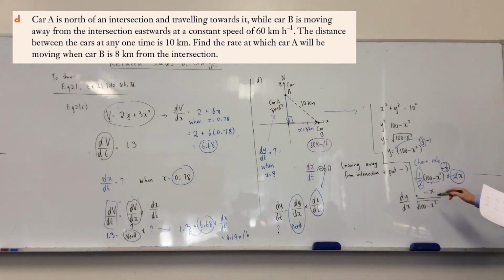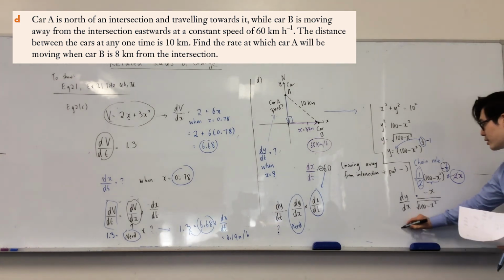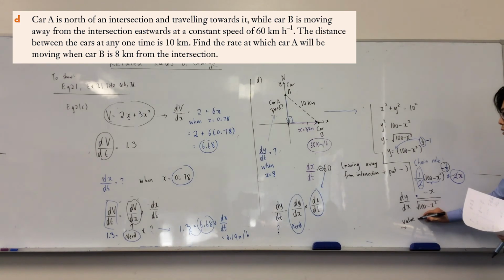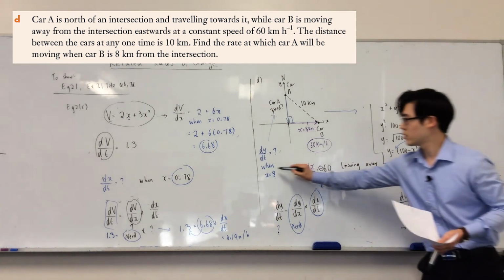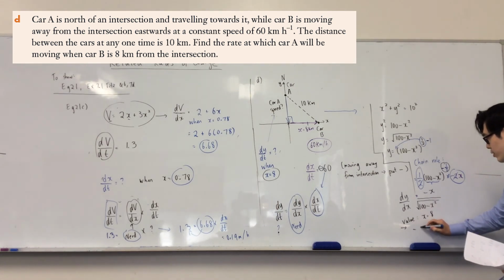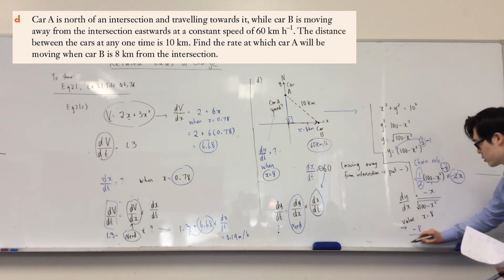Okay? But we need it now. What do I need? I need the actual value of that. So what are we substituting? X squared. That's right. Because that's the question. Okay, when we substitute x equals to 8, all right, so I've got minus 8 over square root 100 minus 8 squared.